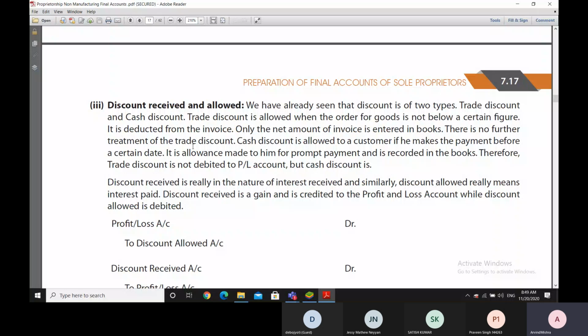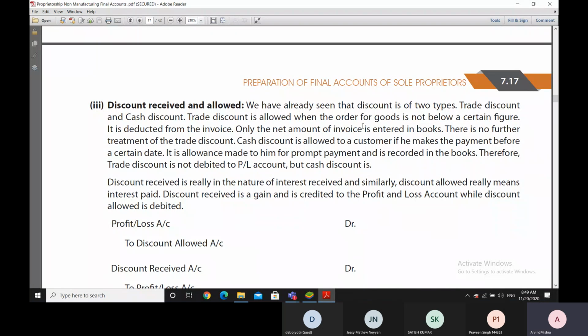Now, the next thing that we have to understand is discount received and discount allowed. So, discount can be of two types: trade discount and cash discount. Trade discount is allowed when the order for goods is not below a certain figure.